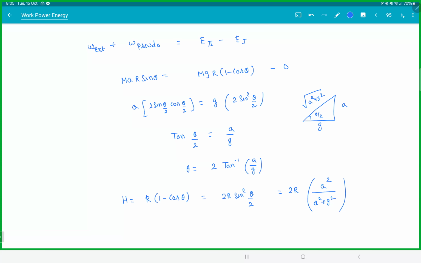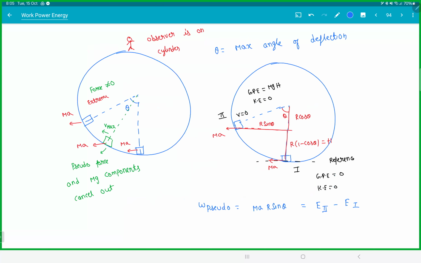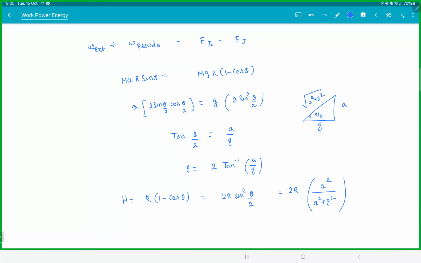Making sense? I know it's all calculations, but did you get this step here? If you got this, you are done. It's only calculations afterwards. Any doubts on this?